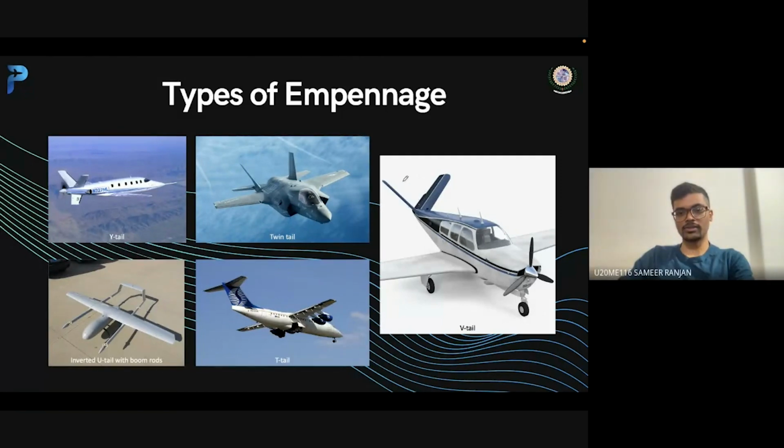Okay, so here you could see it is V-shaped, which you're talking about. And all these empennages are designed on the basis of design requirements, what we exactly need from that aircraft. This is Y-tail, this is twin tail, basically used in fighter jets only. This is V-tail, this is T-tail, as you could see it is in the form of a T. This is inverted U-tail with boom rods.